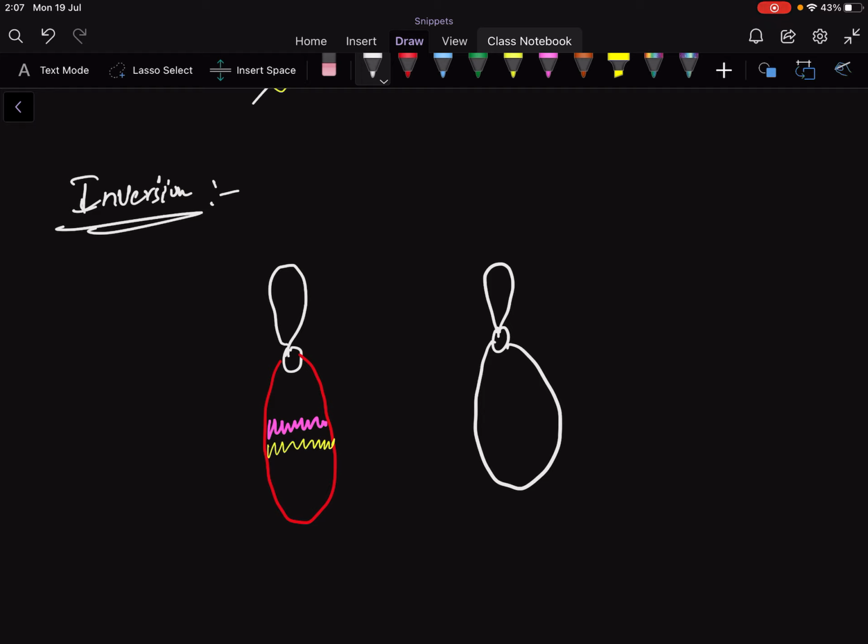The pink will go down, and yellow will come here. It means the genetic material is going up and down. Hence this is called inversion, and they are called paracentric. Why they are called paracentric, I will just explain it to you guys.